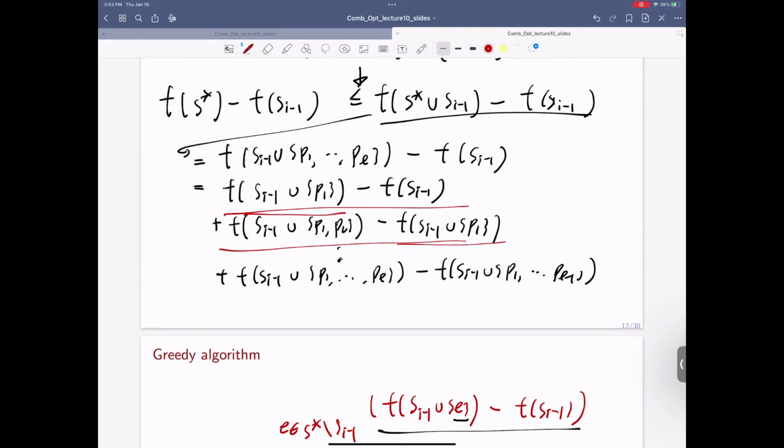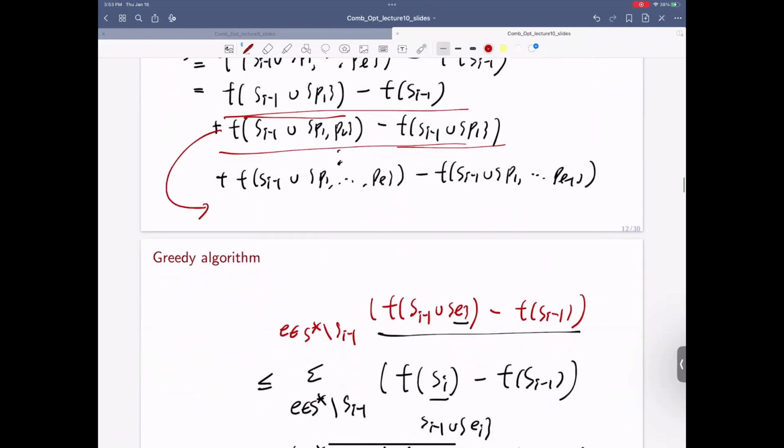The marginal return increases if you take a smaller subset, and I take S(i-1) as a subset of this. So this thing is at most f of S(i-1), and now I'm adding P2 to this subset S(i-1).